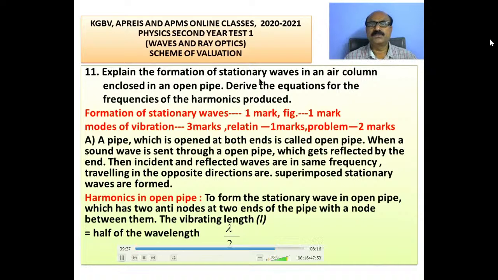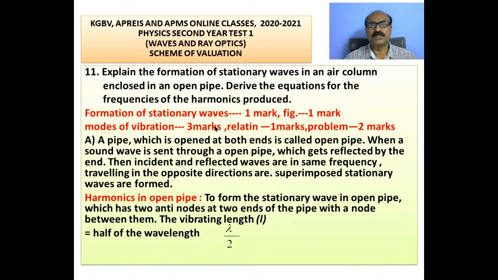Explain the formation of stationary waves in air column enclosed in an open pipe. Derive the equations for the frequencies of the harmonics produced. So for any part, a figure is required. Figure carries 1 mark. Formation of stationary waves in this particular air column, open pipe, 1 mark.